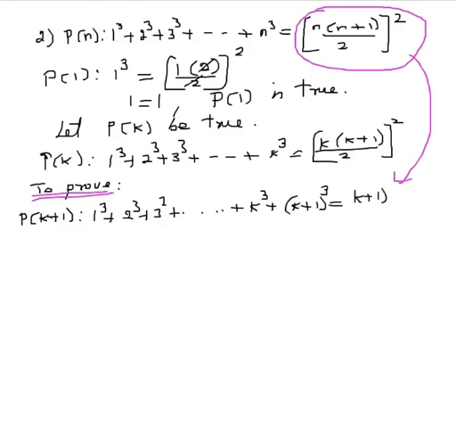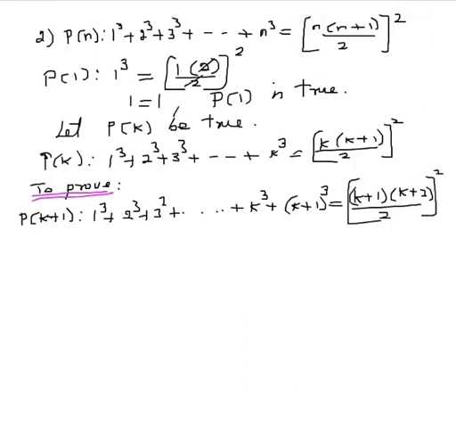So it is k plus 1 times k plus 2 by 2 the whole square. This is the result which we have to prove.